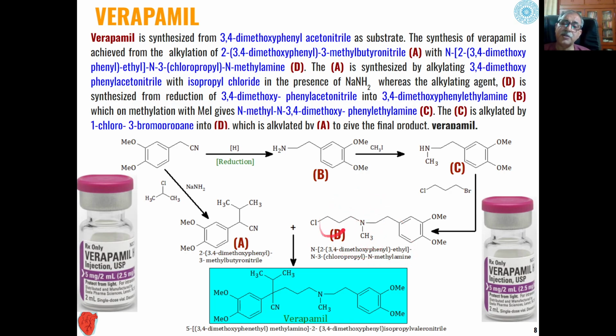So this tertiary amine halide will react with this butyronitrile derivative, and basically again here this hydrogen present at this carbon will be acidic, and this will attack this carbon with the elimination of Cl from here and hydrogen from here, and a new carbon-carbon bond will form like this to give us a cardiovascular drug which is known as Verapamil, and this is the IUPAC name of this drug.